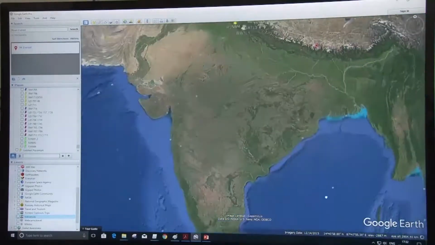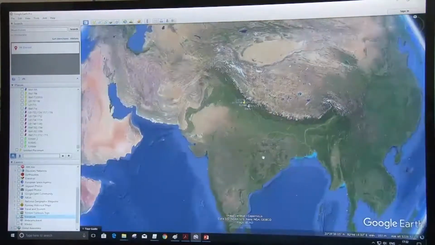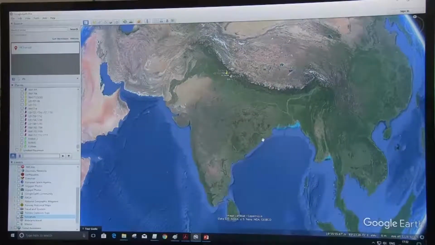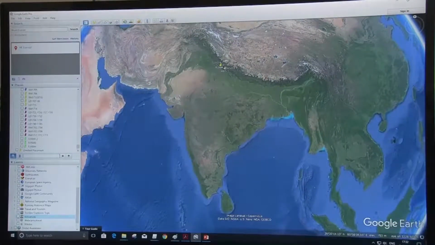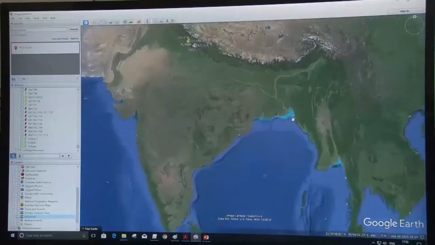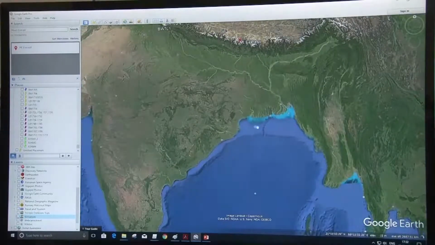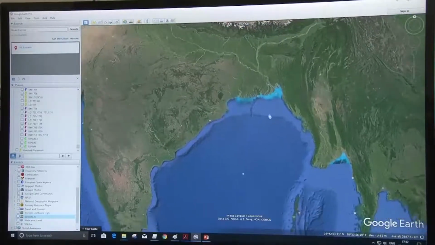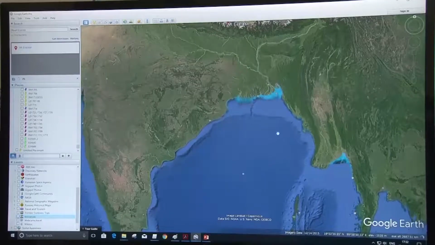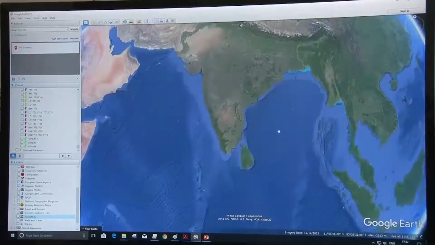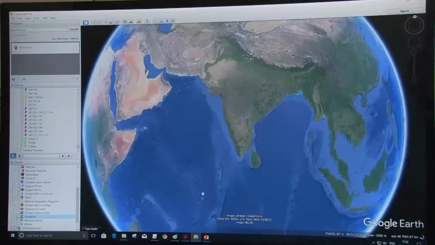First, suppose in case of our Indian continent, as you know, this is the Indian continental landmass, okay, where this part shows the Bay of Bengal, where it meets the Indian Ocean. This is the Indian Ocean.